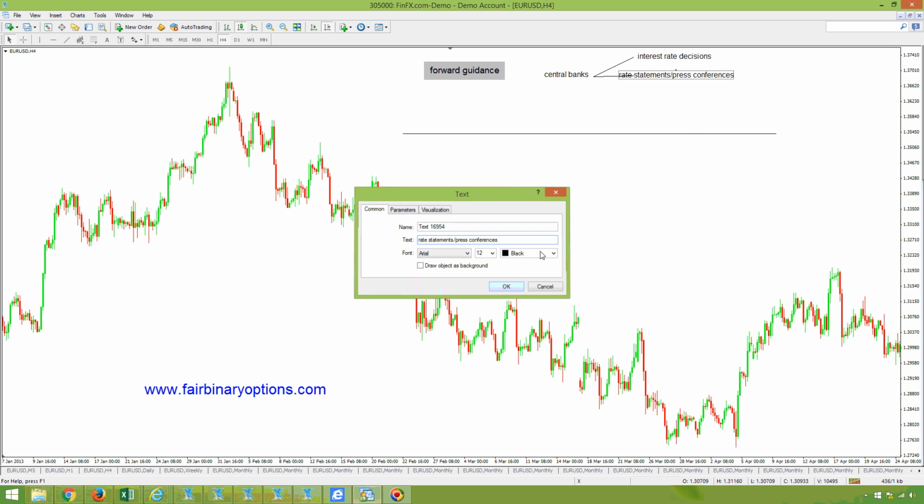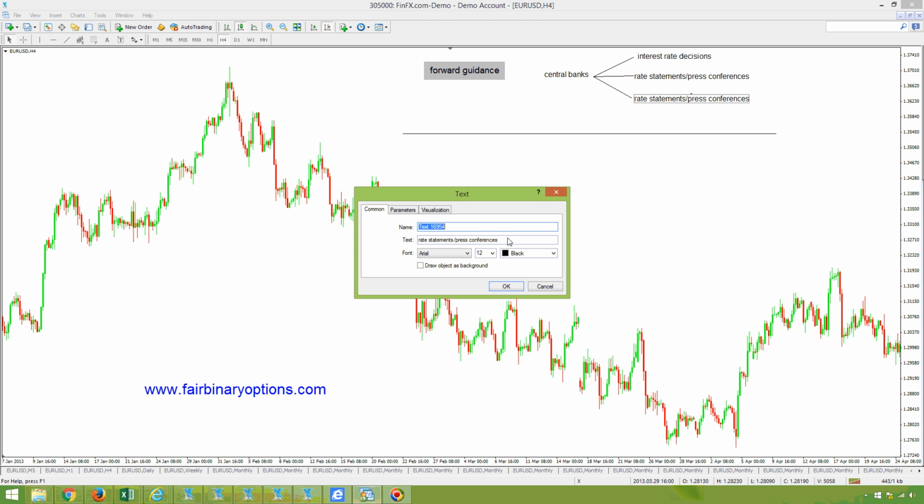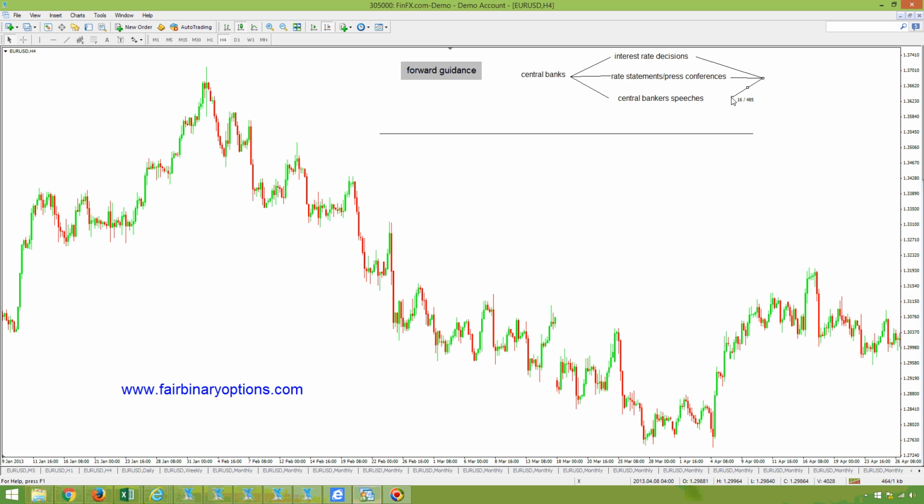Then look for when central bankers are speaking, so basically speeches, as these are occasions when forward guidance is being addressed. Each and every one of these three represents the forward guidance principle.